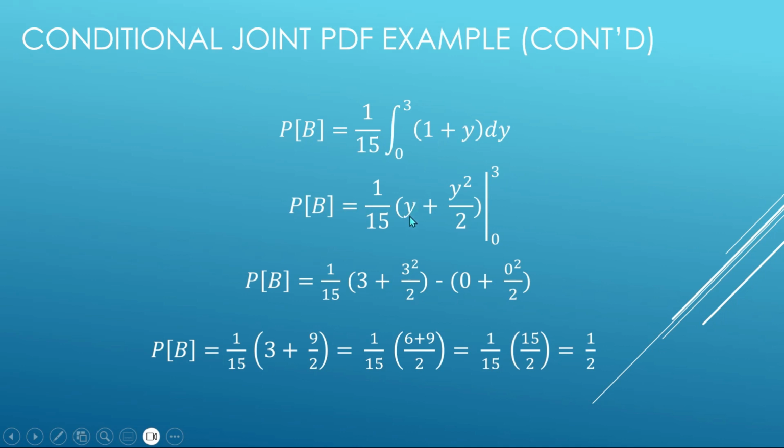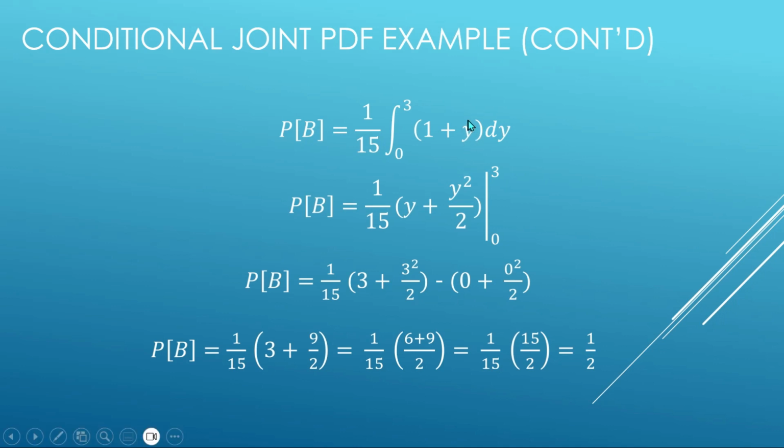The integral of 1 is y, and when we multiply dy by this, we get dy plus y dy. The integral of dy is y, and the integral of y is y square divided by 2. We simply add 1 to the power and divide by the new power value.